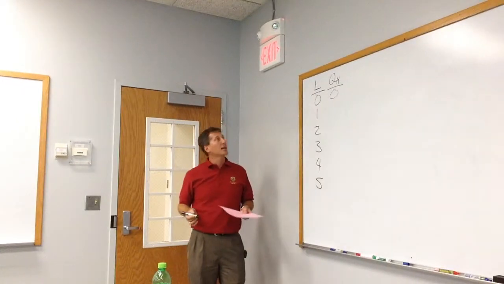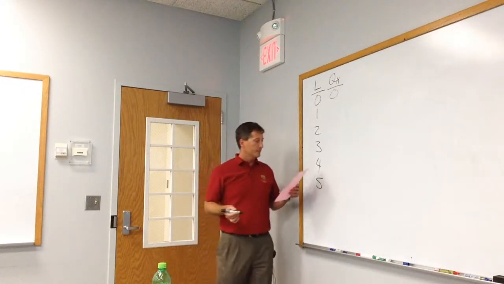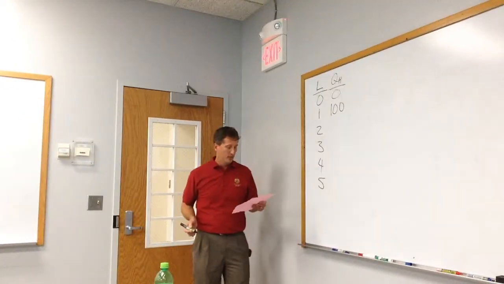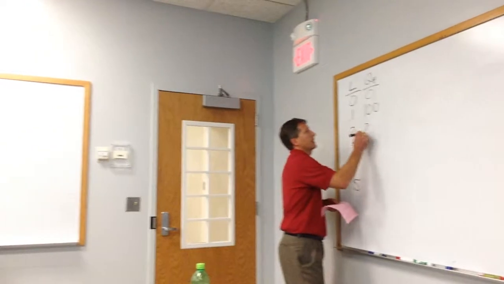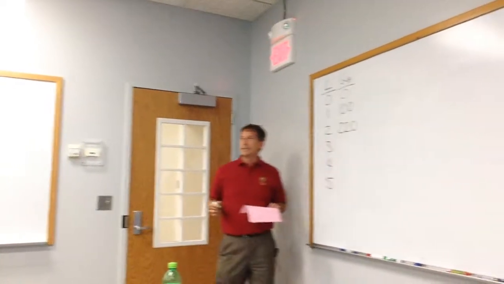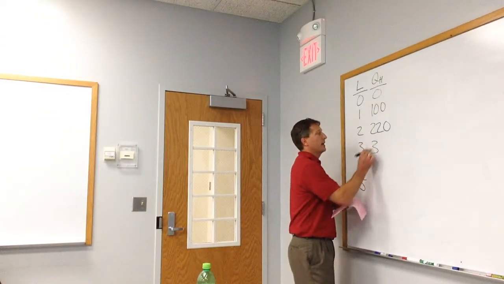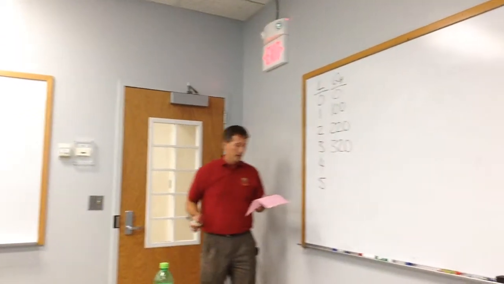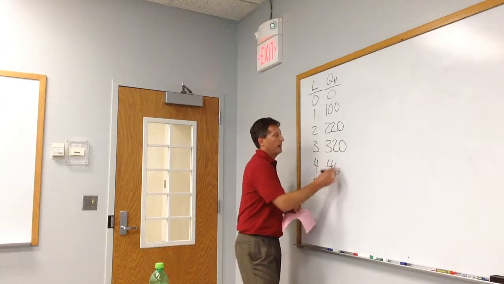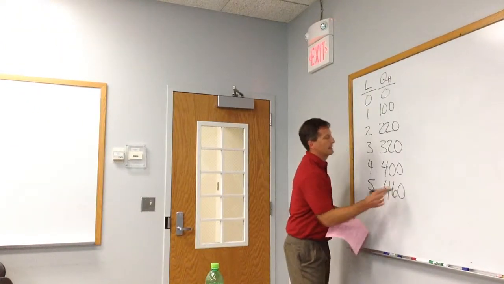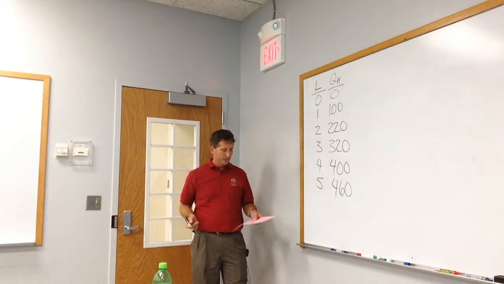It's a variable cost. 1 cook gives me 100 hamburgers. 2 cooks gives me 220. 3 cooks gives me 320. 4 cooks give me 400. 5 cooks gives me 460 hamburgers.